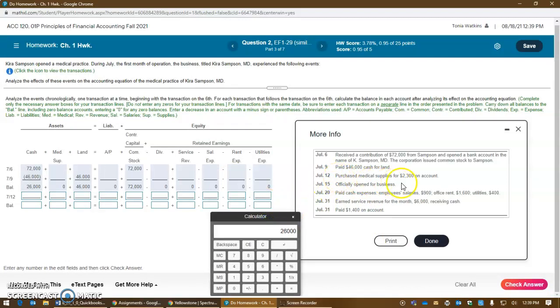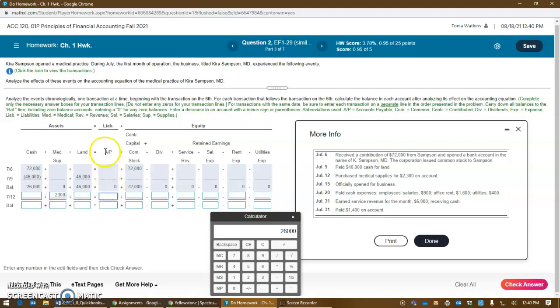On the 12th, purchase medical supplies for $2,300 on account. So now the asset I am under is medical supplies, $2,300. How did we buy those? It says we purchased them. Did we pay cash? No, it says we bought them on account. So we owe that company $2,300, so our liabilities just went up.